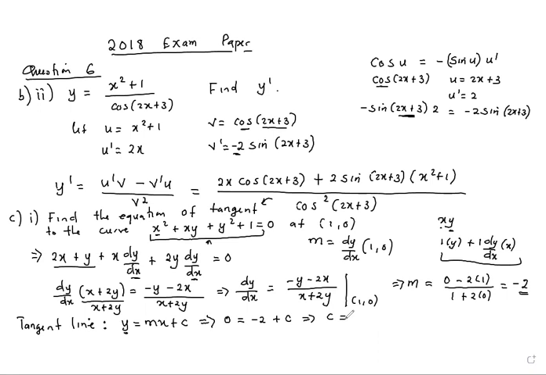So c is equal to 2. Therefore, y will be equal to negative 2x plus 2. That's how we find the equation of the tangent.